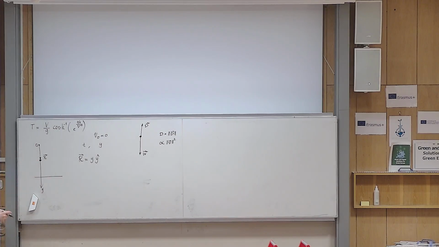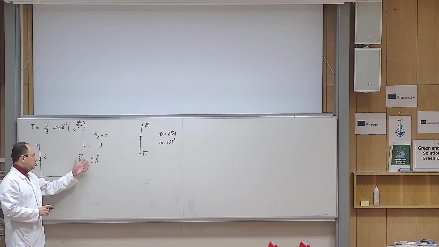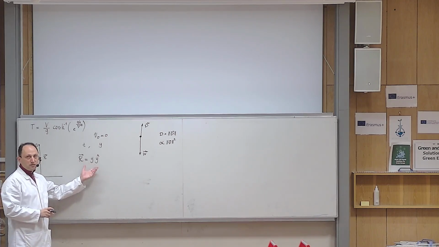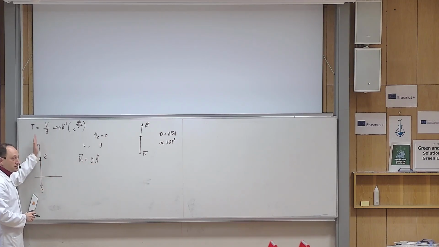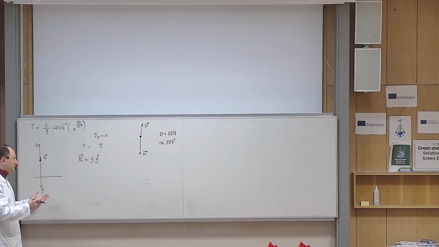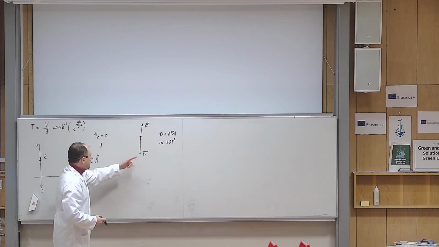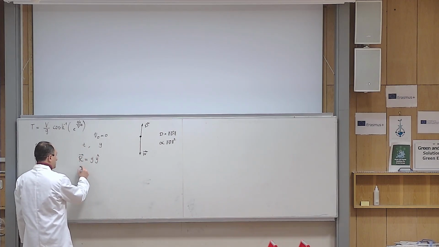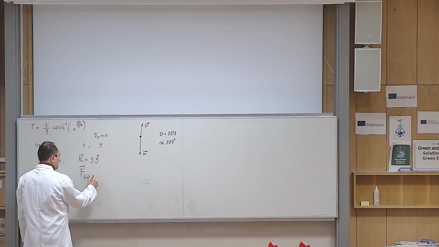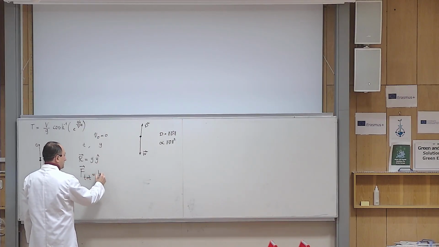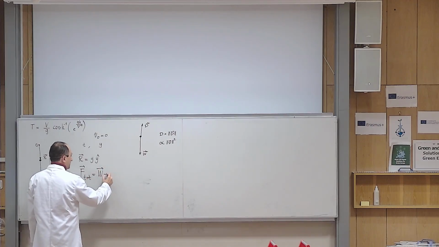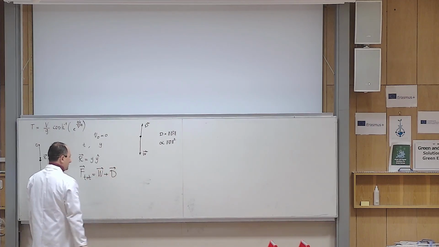Of course, here I am insisting on working with vectors, but you don't have to, because it's a one-dimensional problem, but it doesn't hurt. So what is the total force? The total force here is equal to the force of gravity plus the drag force.